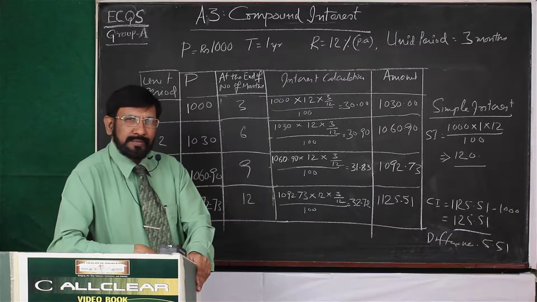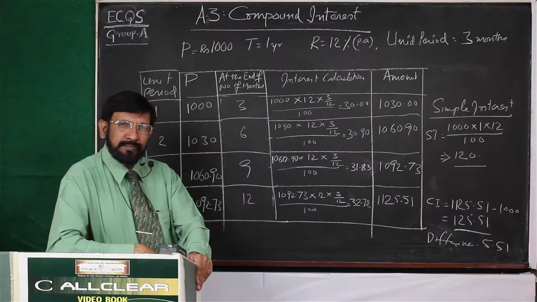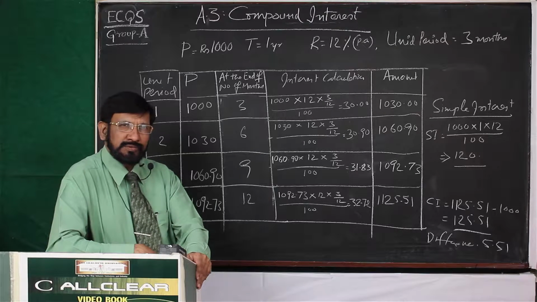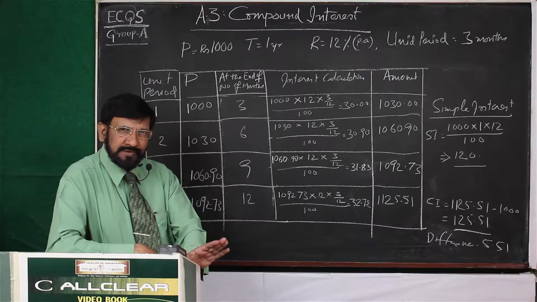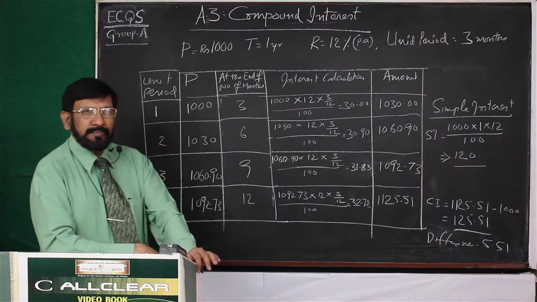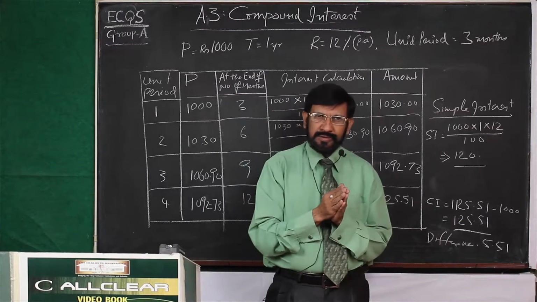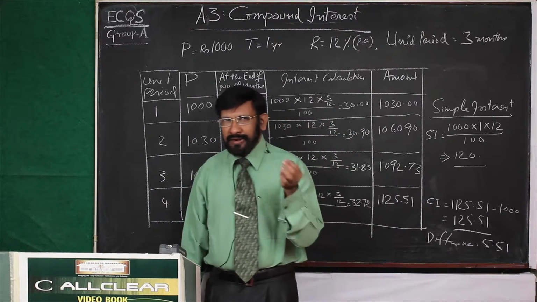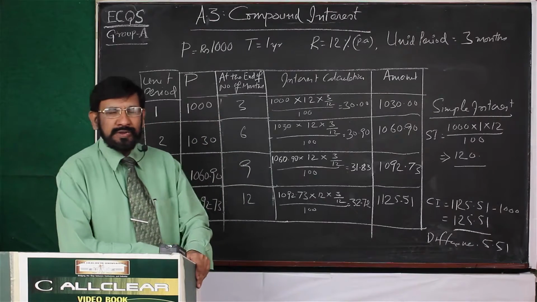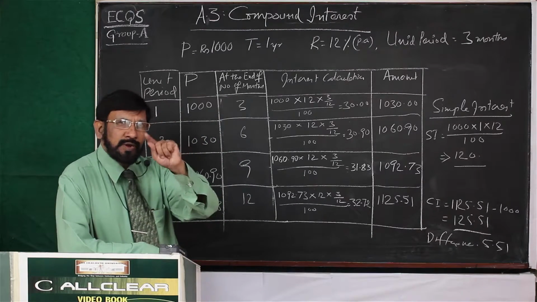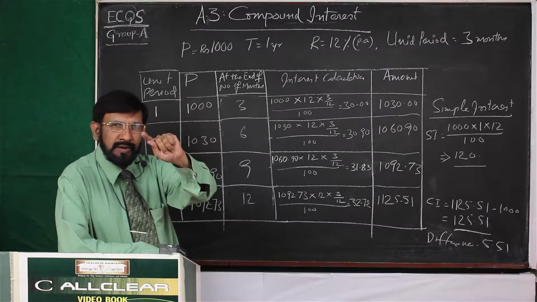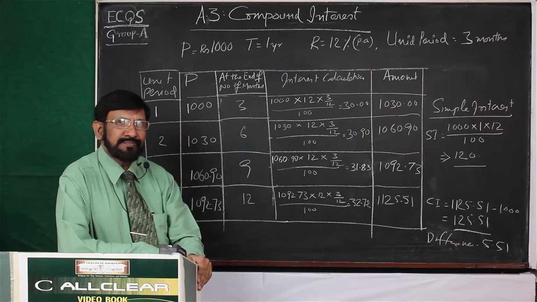The unit period may be 1 month, 3 months, 6 months, or 12 months, and they first agree upon it. For that period, they treat it as a unit period and calculate interest, and at the end of the unit period, whatever the amount is will be the principal for the next unit period.